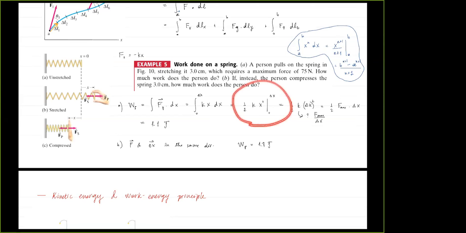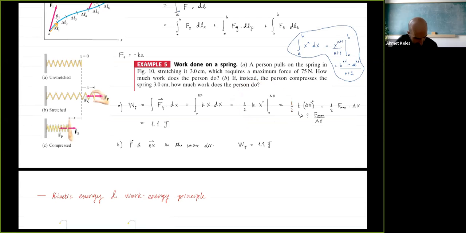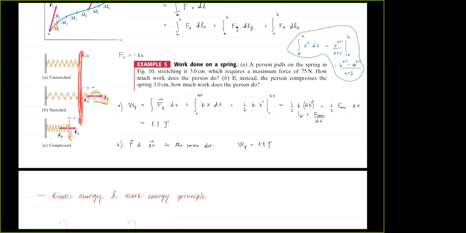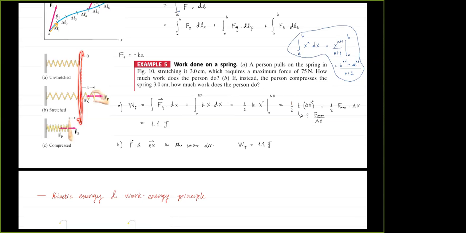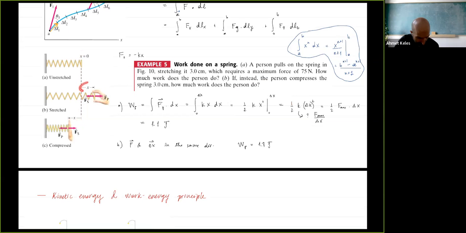So the lower limit of the integral is 0 because it starts from x equal to 0. Yes, that was my question. Good. Because at that point the spring is completely unstretched, in equilibrium position, and there's no force on the spring. So the person should not be acting any force either because there's action-reaction there. Good.